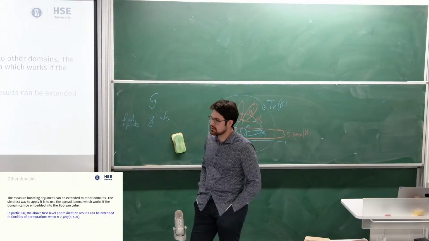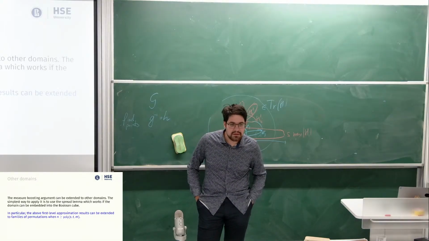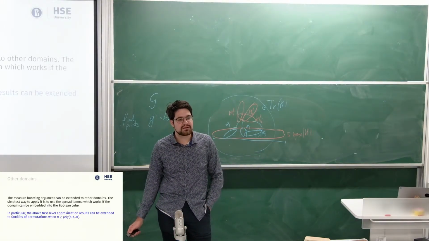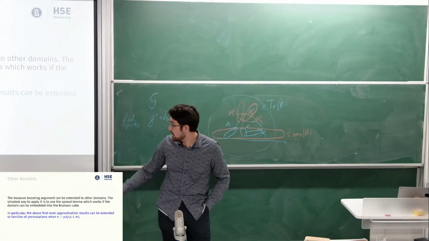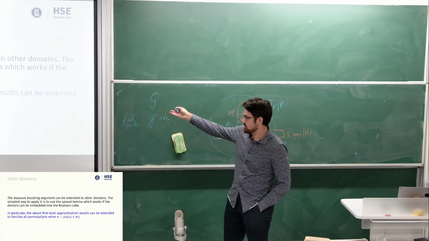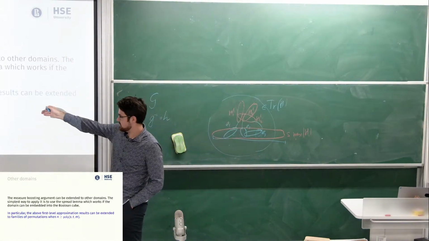Okay, any other questions? I want to know, you mean the domain can be embedded into the Boolean cube or the biased Boolean cube? It can be embedded into the biased Boolean cube.